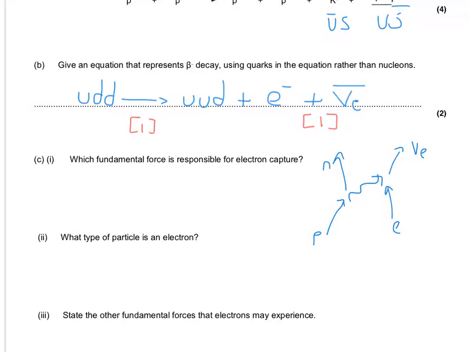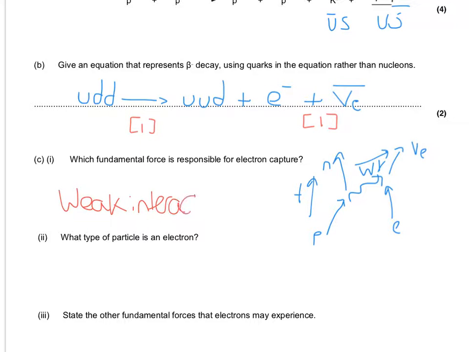This is electron capture, like that, and then we're showing our time axis. What you can see in electron capture is a proton turning into a neutron. That is a change of quarks, and any change in quarks is caused by the weak interaction.